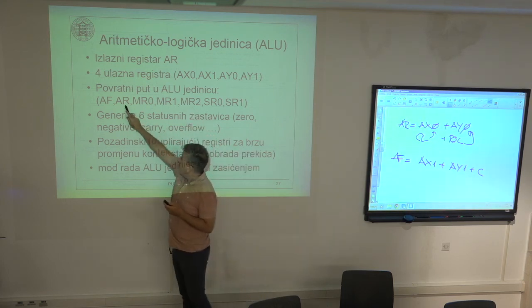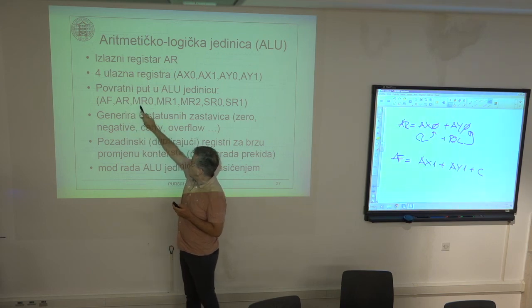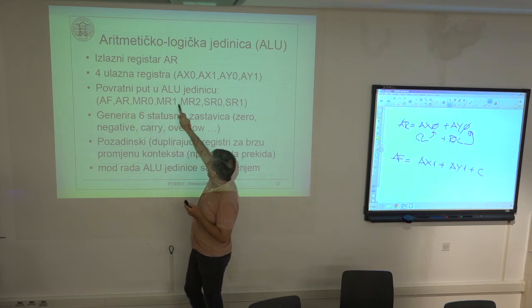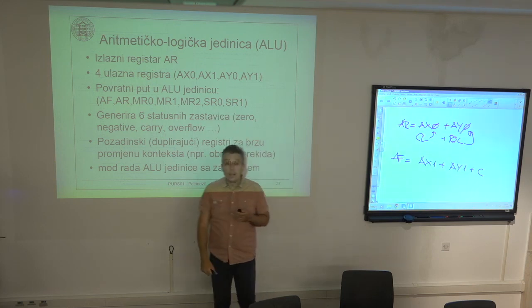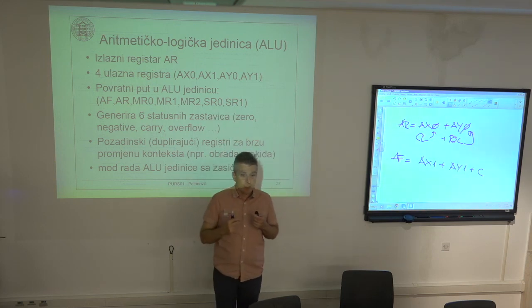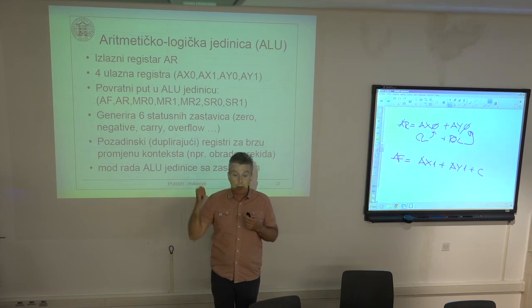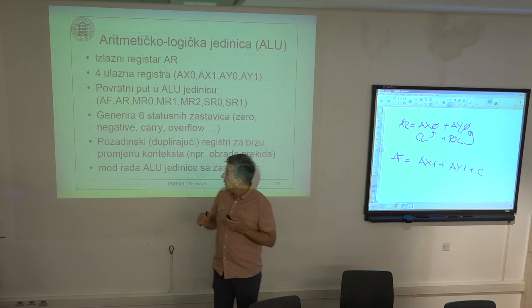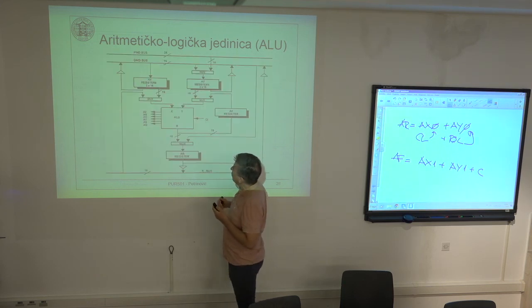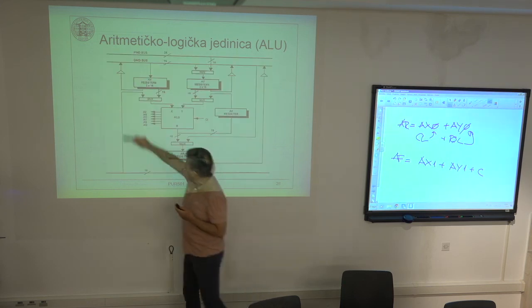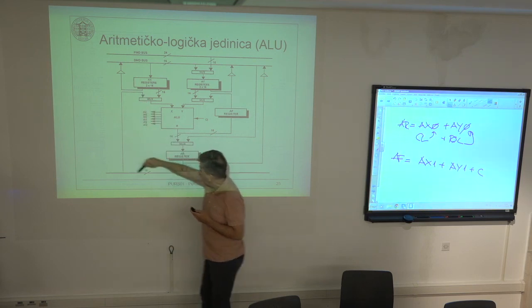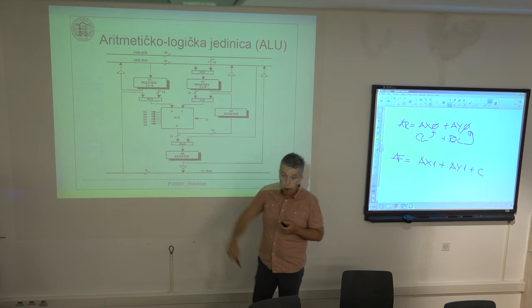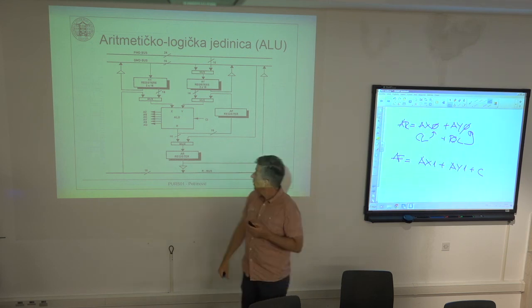So besides AR, I can also use MR0, MR1, MR2, SR0, SR1. I can use these registers as output registers of the multiplier unit or output registers of the shifter unit, and I can also use these output registers as a left side argument here. So this result bus is a common bus shared along all of these execution units. Okay?